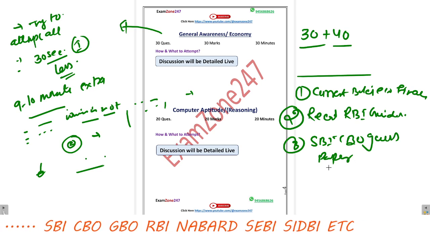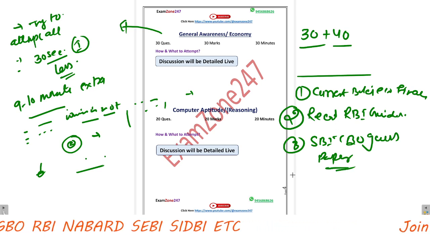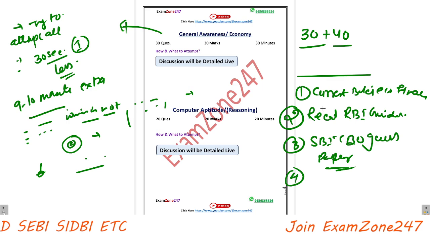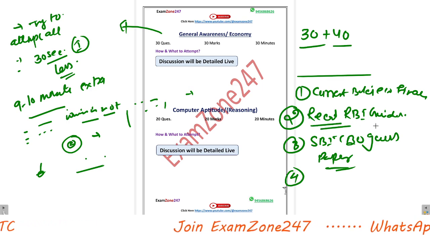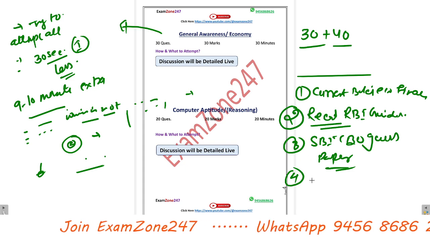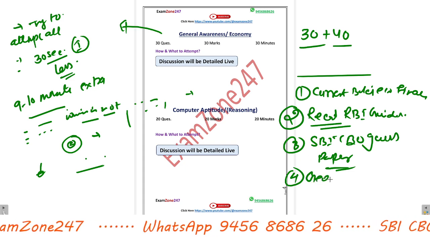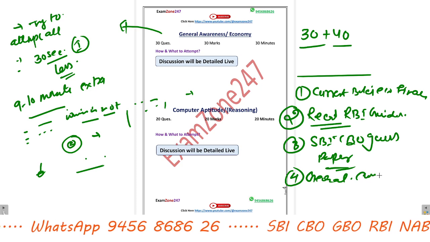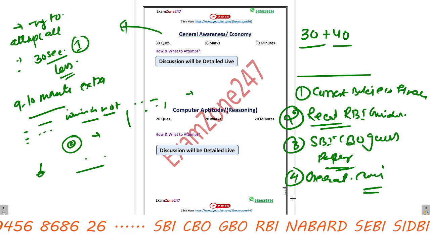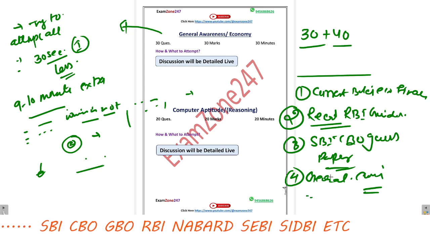This is for your practice, you just go through it. Then priority sector, which is already covered in recent RBI guidelines. Then general banking like crossing of cheque, simple forex, etc.